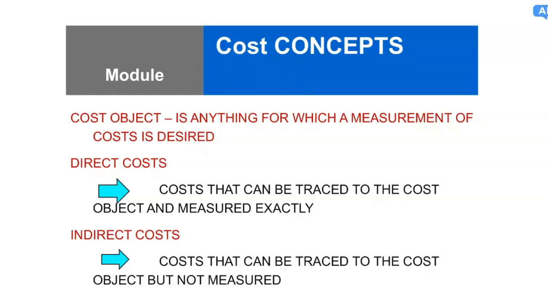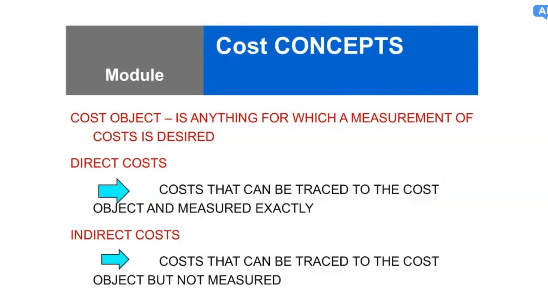And to begin with, we must understand that some costs are directly associated with the cost object. And some costs are not directly associated, but are part of the cost object. So the first distinction you have to understand here is the difference between direct costs and indirect costs.